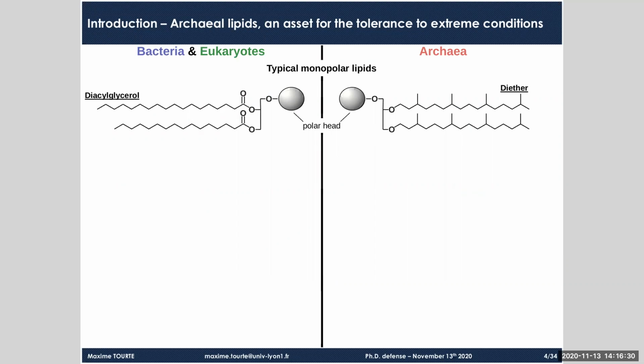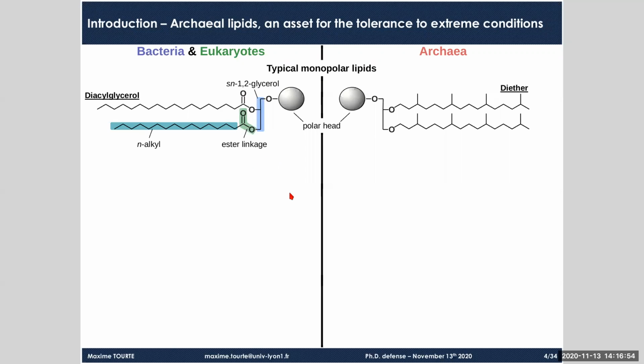So lipids are amphiphilic molecules that are composed of a hydrophilic region, the polar head, and a hydrophobic core, the hydrocarbon chains. As you can see here, the polar head and the hydrophobic core. And polar head groups are mainly conserved between the three domains of life, but that's about all that is similar between archaeal lipids and the other types of lipids.